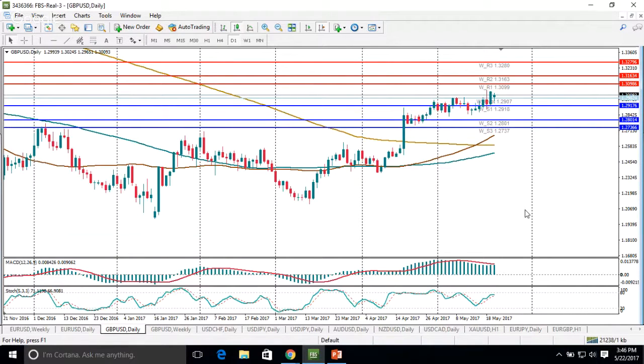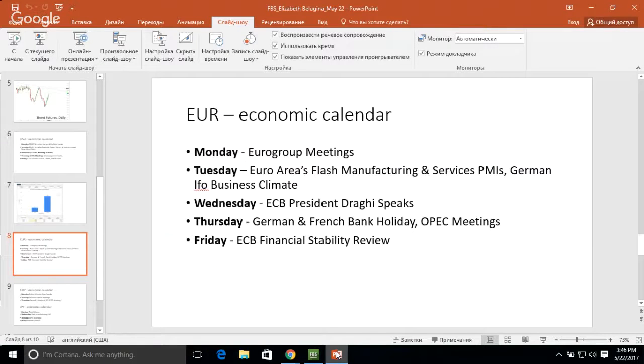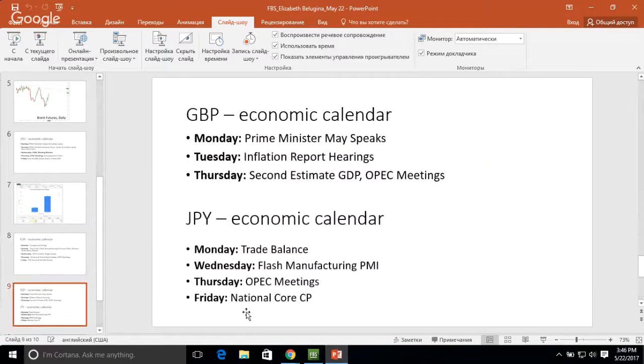On Tuesday, Bank of England Governor Mark Carney will testify on inflation and economic outlook before Parliament's Treasury Committee. British inflation figures continue to move to the upside.